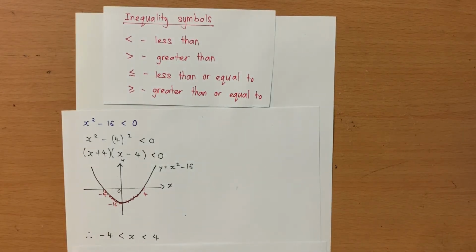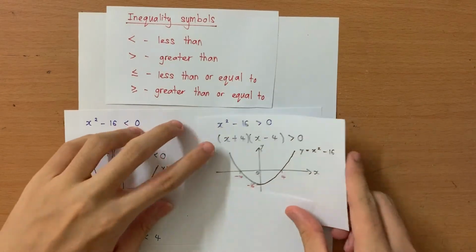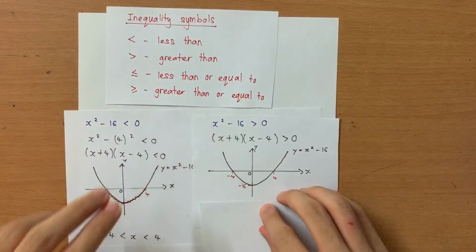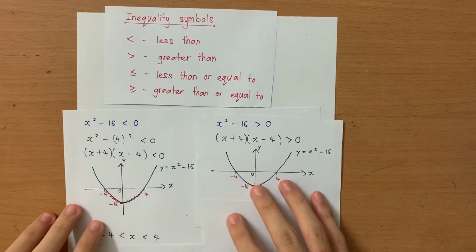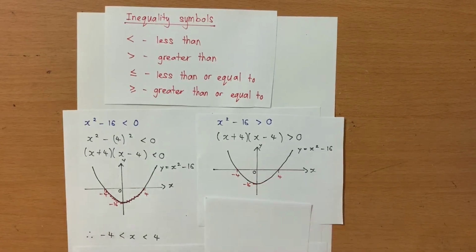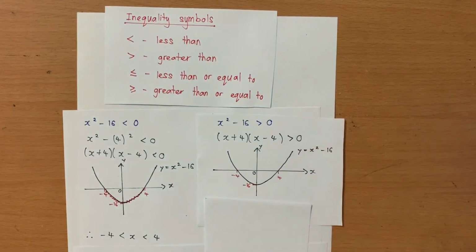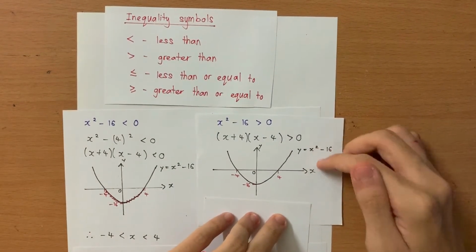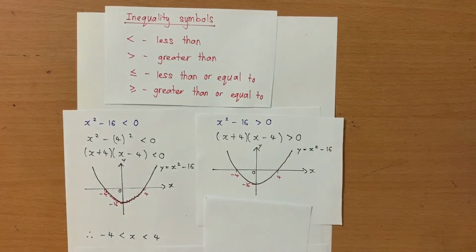Well, what about the opposite? What if you want x squared minus 16 to be more than 0? It's the same thing in algebra, and the graph is exactly the same, but this time we want it to be more than 0, so it is above the x-axis.